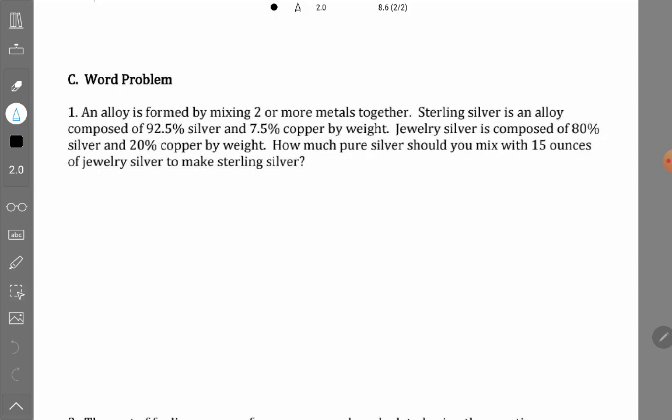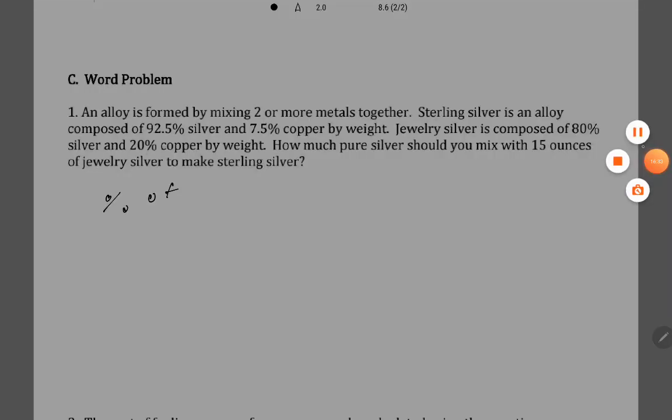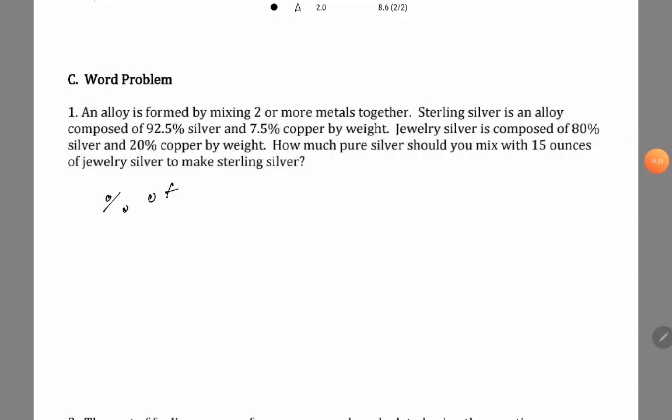Okay. So, we want to know the percentage of copper for the sterling silver. Let me pause this really quick. Alright, here we go.